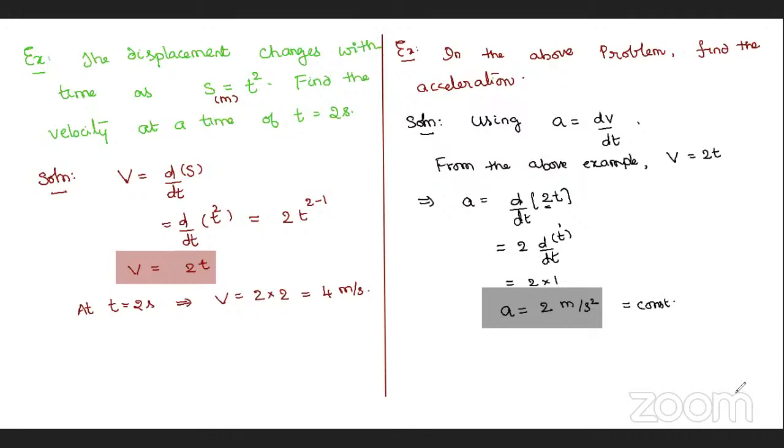Next page. I am turning to the next page. Here. Note. Given that s equals t square, square of time. It is in the form of s equals ut plus half at square.